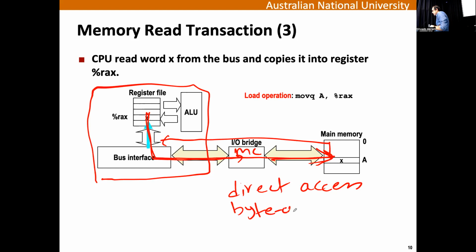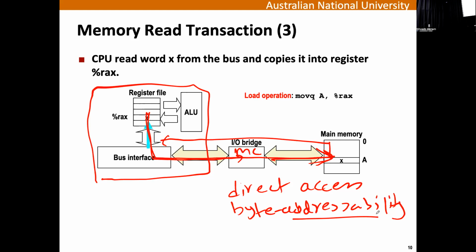Byte addressability is another thing. I don't know if I spelled it correctly. The CPU can access individual bytes that are stored in RAM.